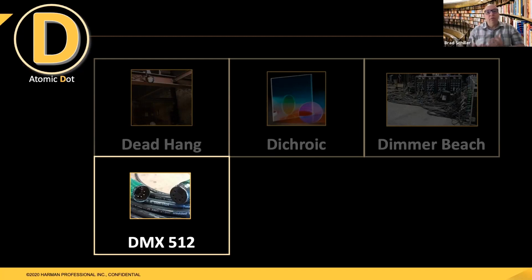But we found ways around that by tying them together and doing 16-bit and various other methods. Now, someday will DMX512 be replaced with a different protocol? I hope so. I hope something better comes along, but it's going to be tough. And we tried at one point in the industry to change it with ACN, but that didn't really take off. So DMX512 is the current standard that we use in controlling fixtures.